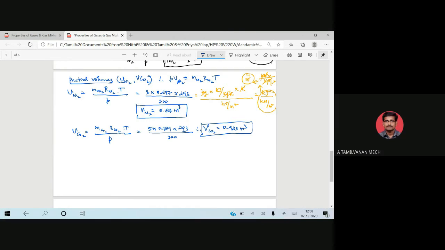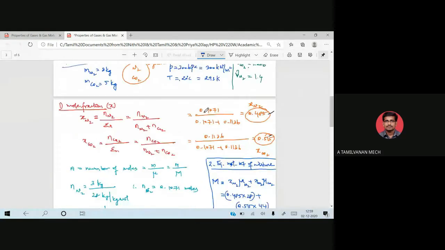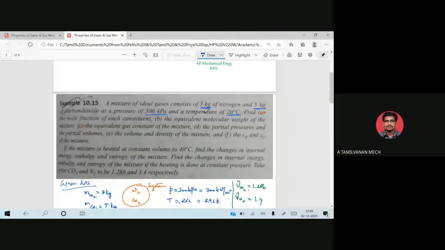Then the fourth parameter, partial pressures and partial volumes, we have found. Then what about the fifth one? Volume and density of the mixture. The total volume and total density of the mixture.